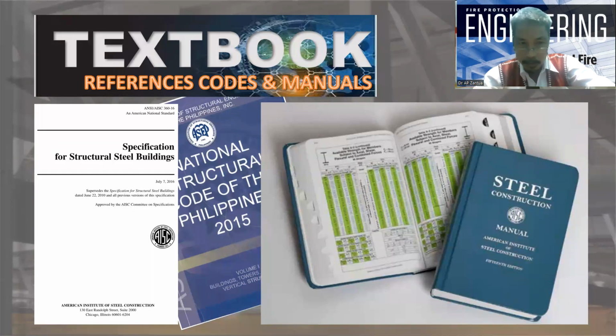The code by AISC, together with NSCP, allows us to have information and tabulated data, which is very important in actual design and analysis.